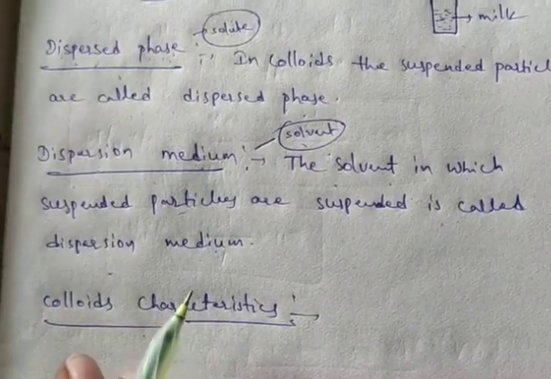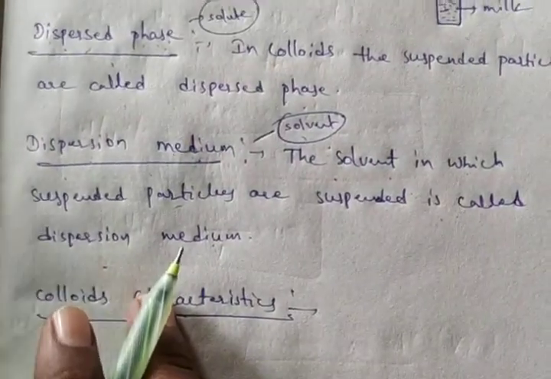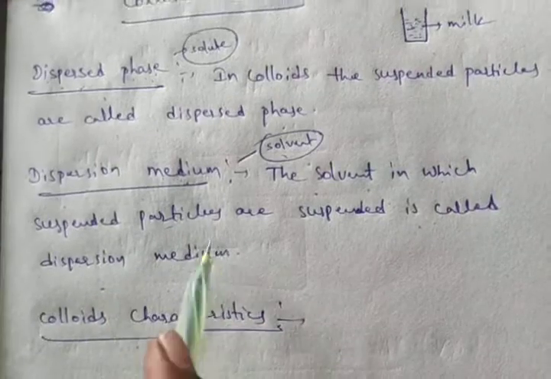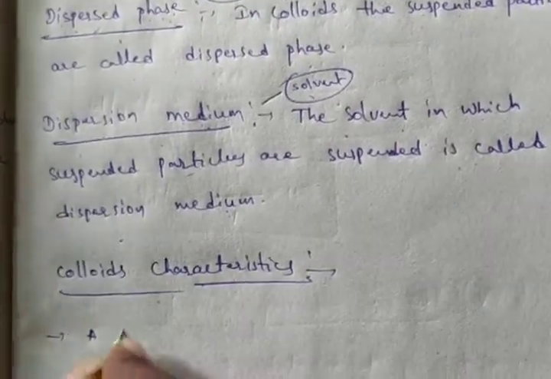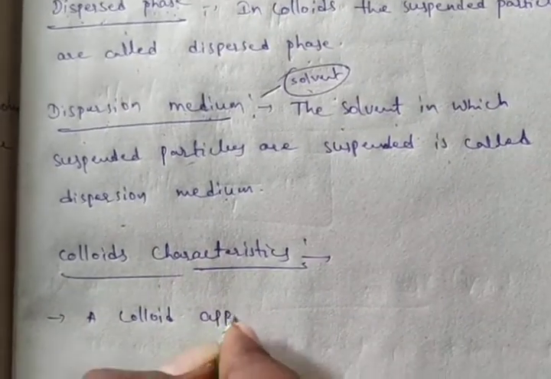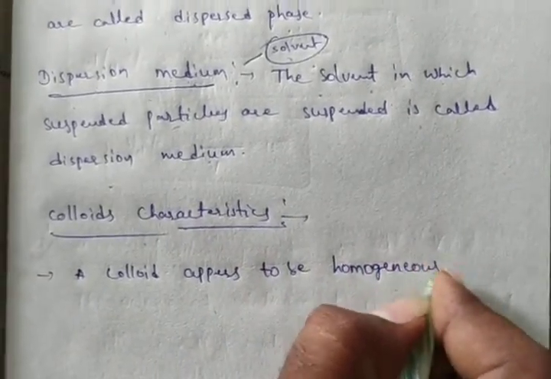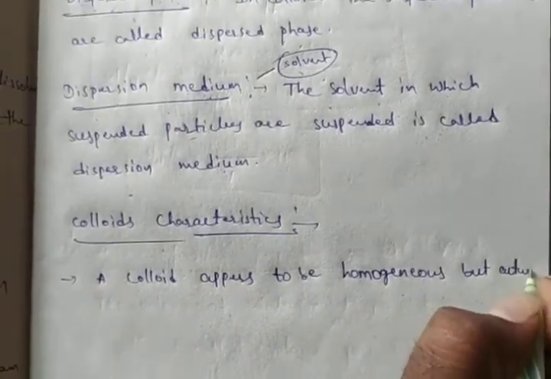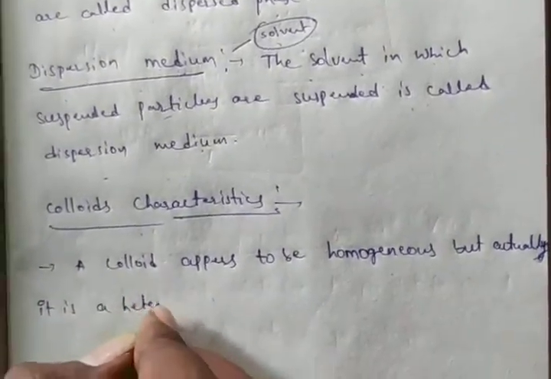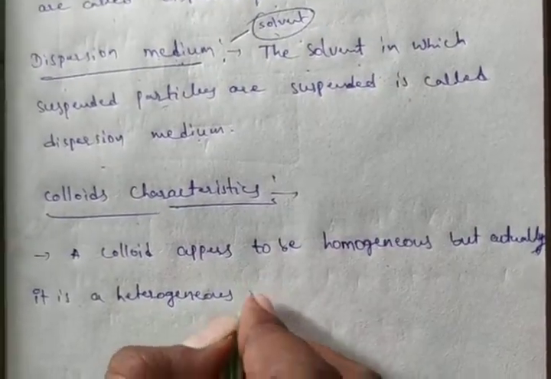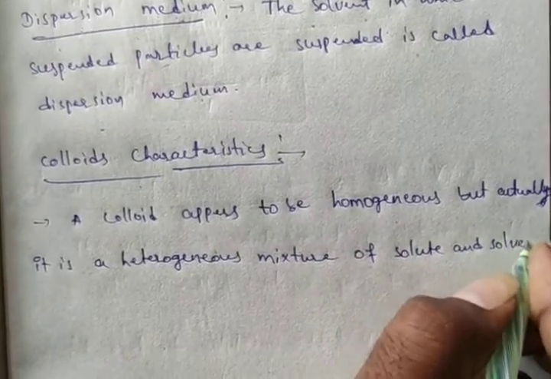For example, when we observe milk, it appears as a homogeneous mixture, and we can easily say it is homogeneous. But a colloid appears to be homogeneous, while actually it is a heterogeneous mixture of solute and solvent.